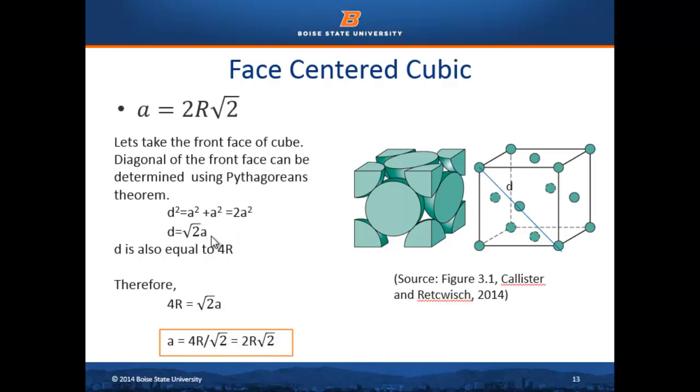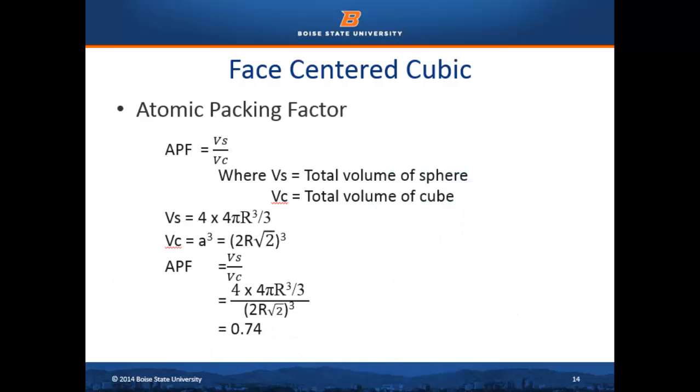D equals square root of 2 a. D is equal to 4r, which is 1r from the first atom, 2r from the second atom, and 1r from the third atom. Therefore, using algebra, a equal 4r over square root of 2 equal 2r square root of 2.